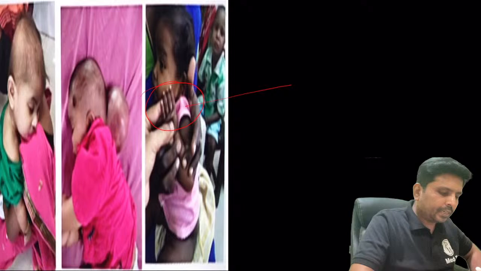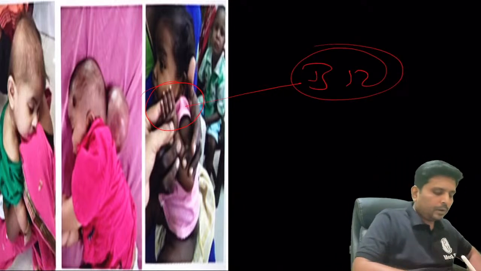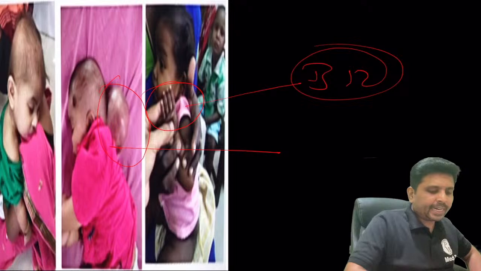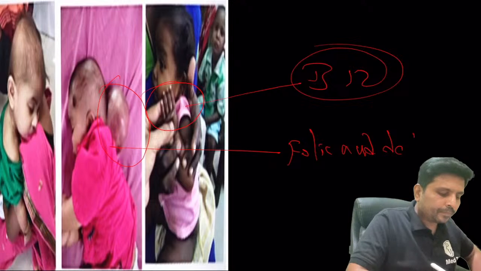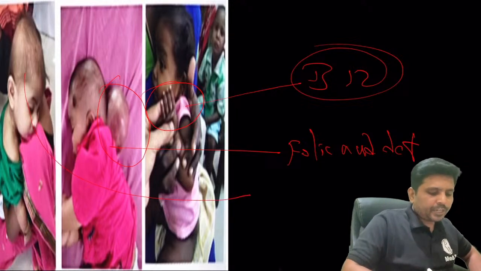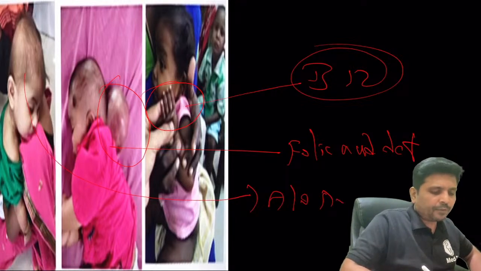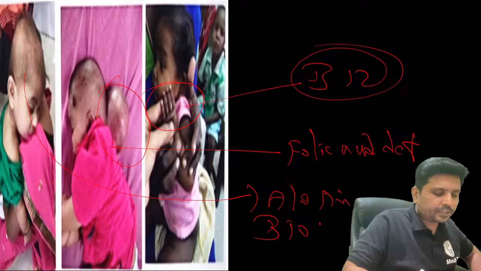So what is this? Knuckle hyperpigmentation, suggestive of B12 deficiency. Occipital encephalocele, suggestive of folic acid deficiency. And alopecia is suggestive of biotin deficiency.